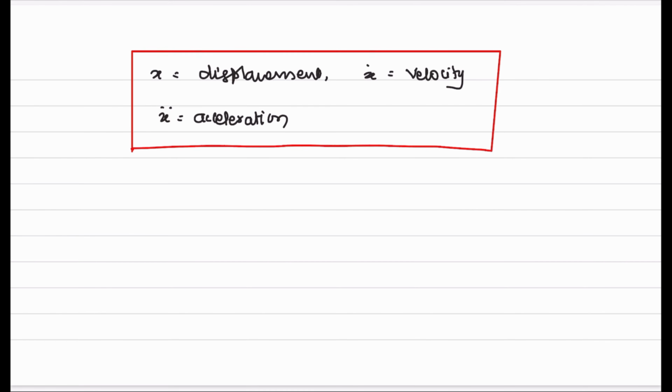Now, in case of Newtonian mechanics, for 1 degree of freedom, that means motion is in one direction only, we can say acceleration is a function of x only.